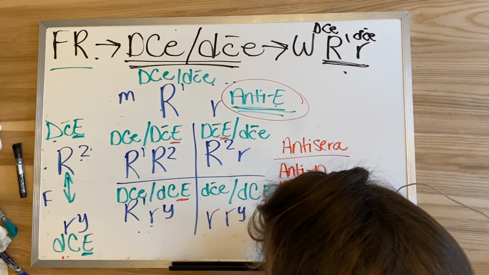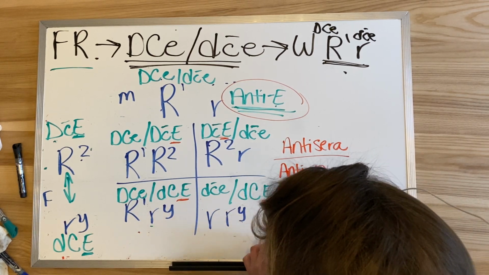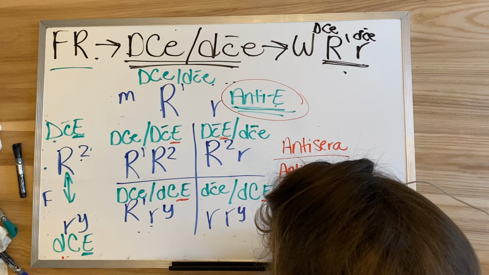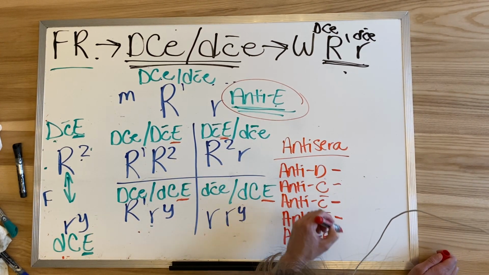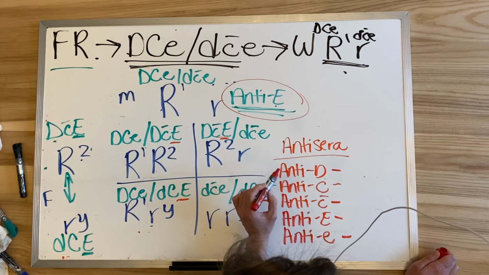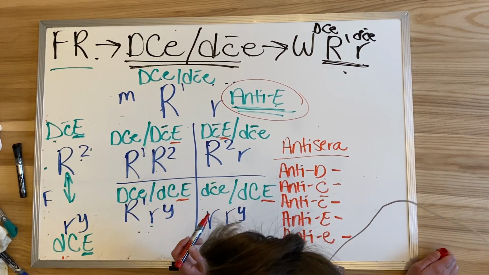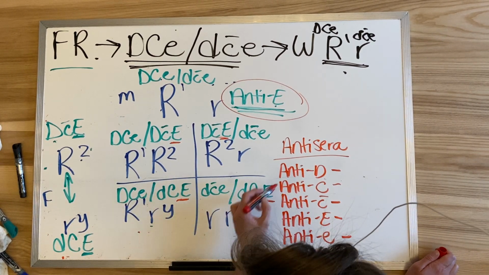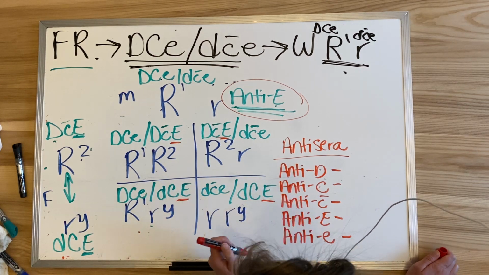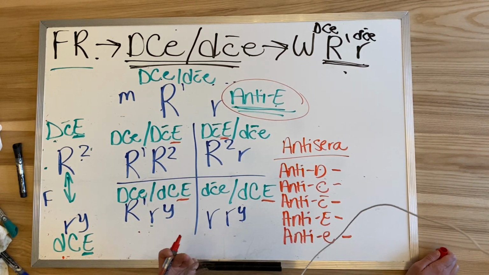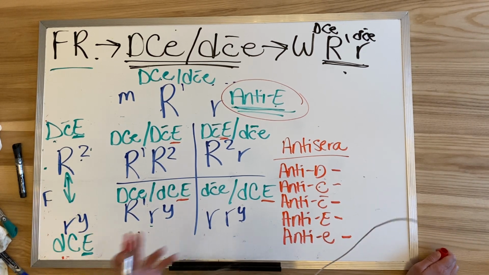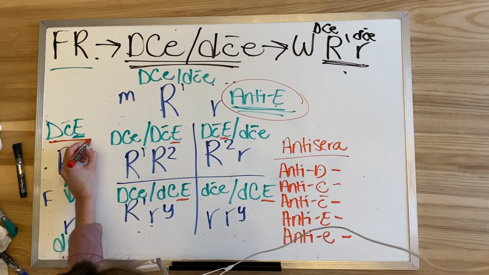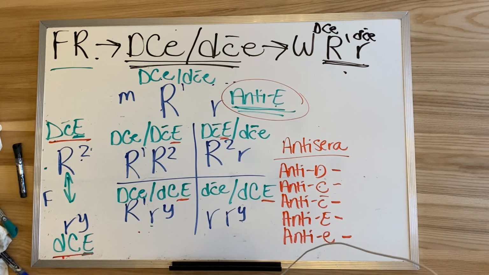We have anti-big E. And we have anti-little e. So we have every single one of these Antisera. So we can test all of our patients. We can test their red cells for every single one of these antigens. And we can know their exact phenotype, which then can translate into their actual genotype by testing for these antigens.